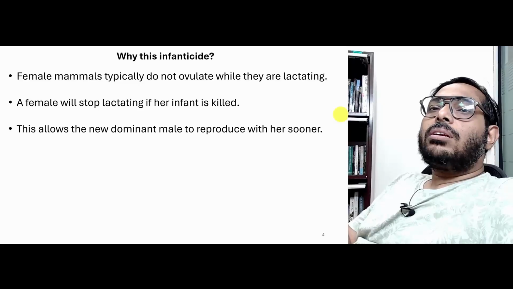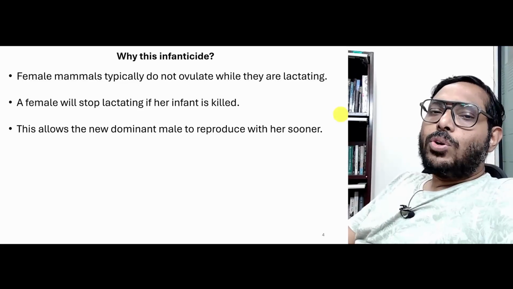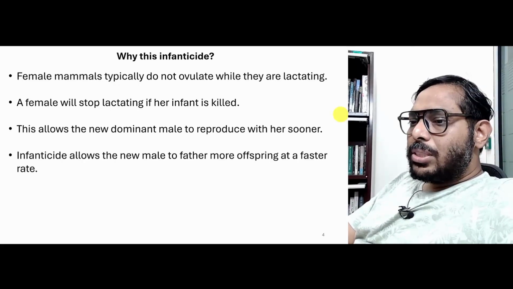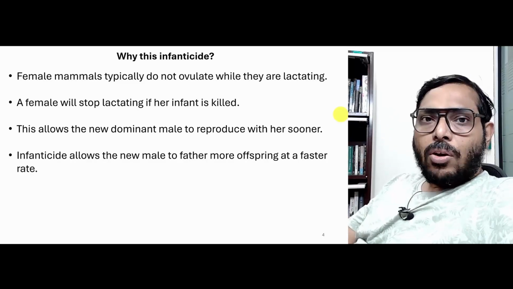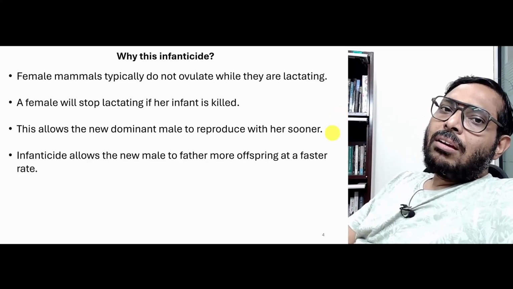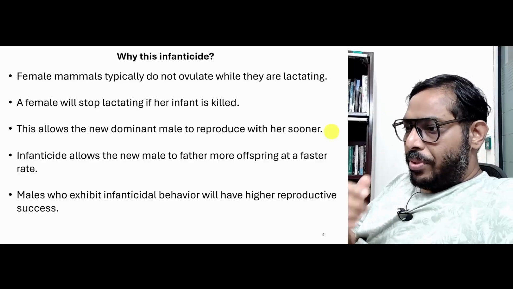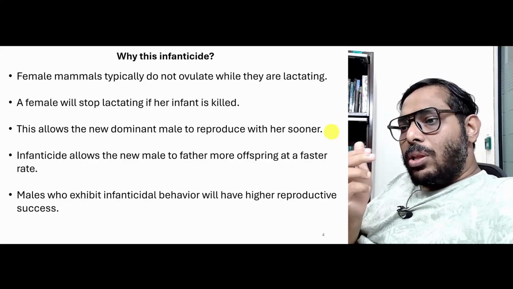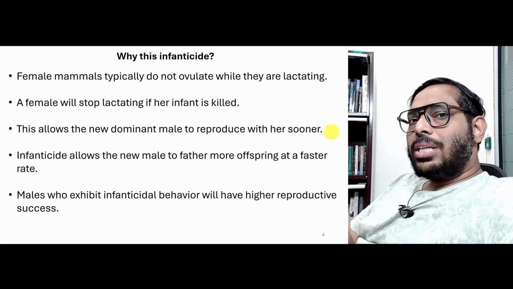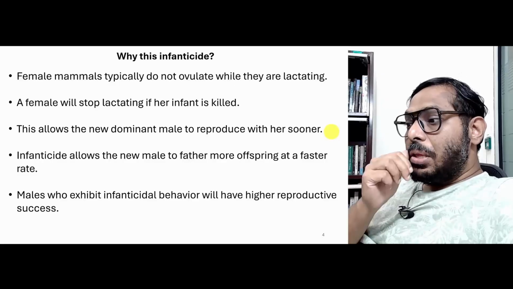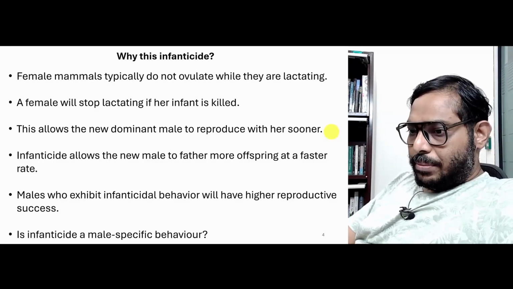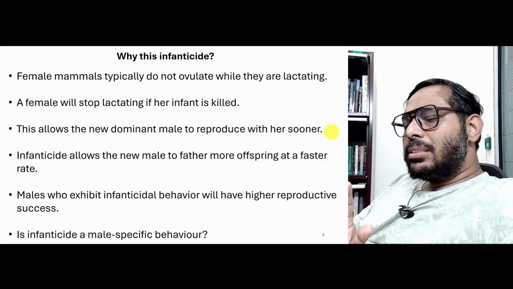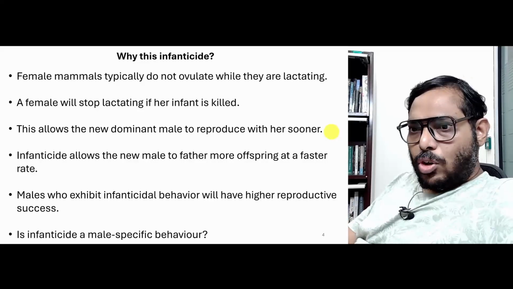Therefore, the dominant male needs to start reproducing as soon as possible, and the best way for that is to kill off all the existing babies so that the females become receptive to mating. In other words, the males who show this infanticidal behavior are the ones who are going to have a larger reproductive success. Well, as I said, this has been seen in many other groups.